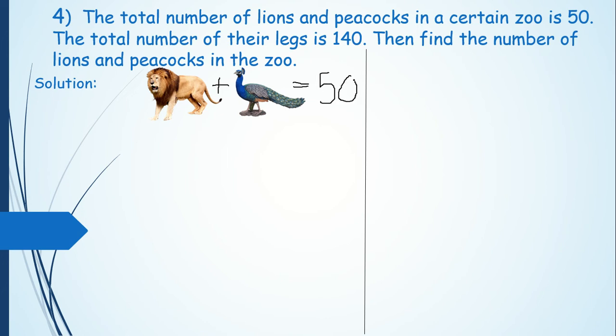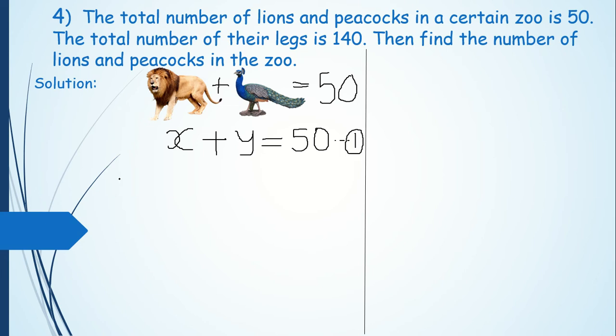Okay, that we know. So we will assume, let the number of lions be x and the number of peacocks be y. So we get our first condition, x plus y is equal to 50. This is equation number 1.